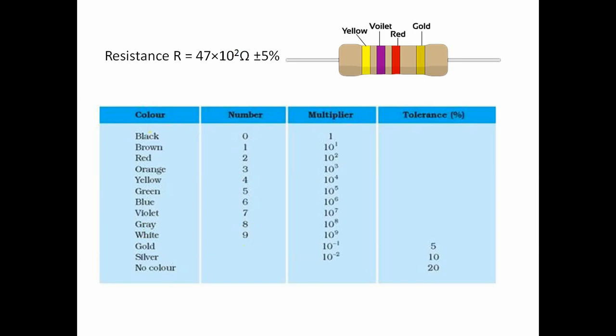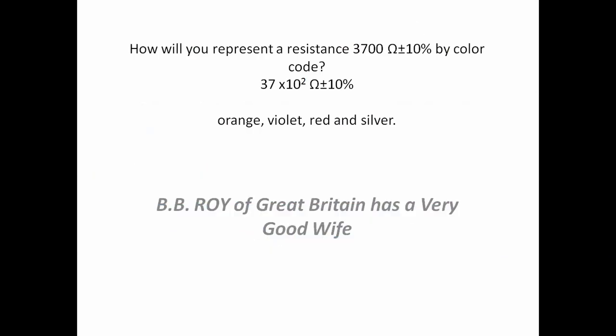The color order is black, brown, red, orange, yellow, green, blue, violet, gray, white, gold, silver. If we remember the first letter of these colors, we can easily remember the order of colors.